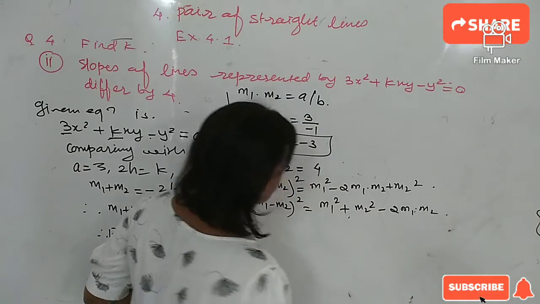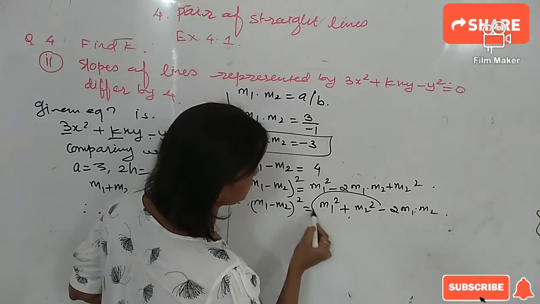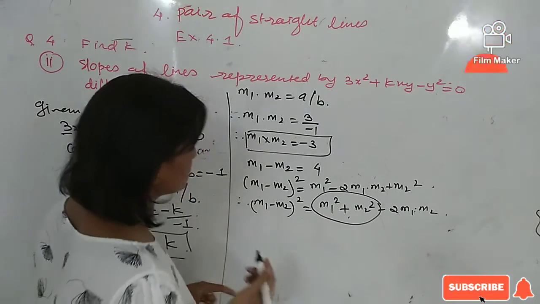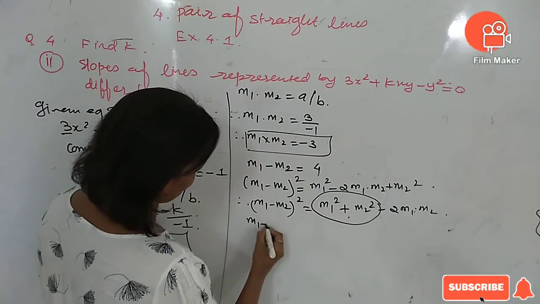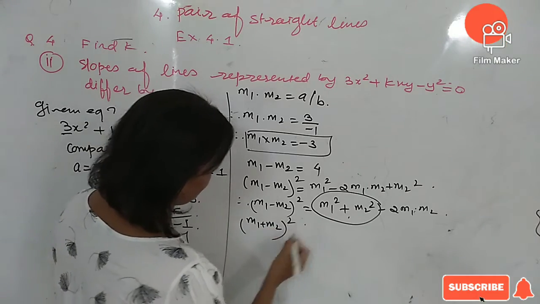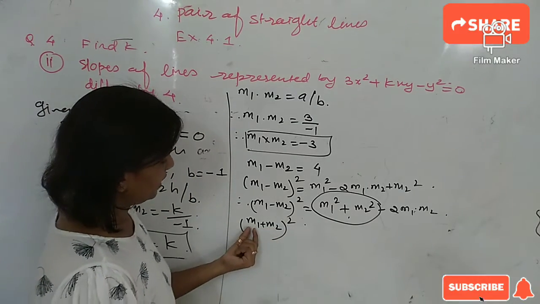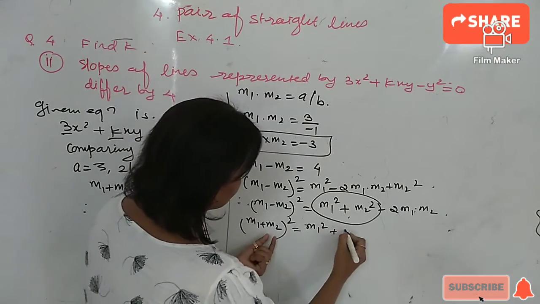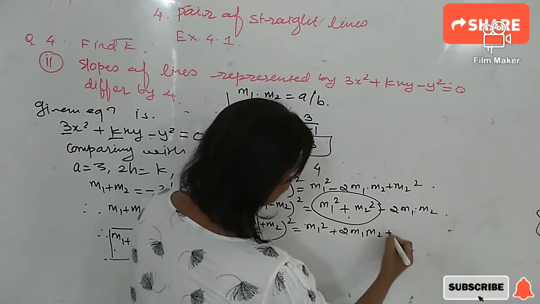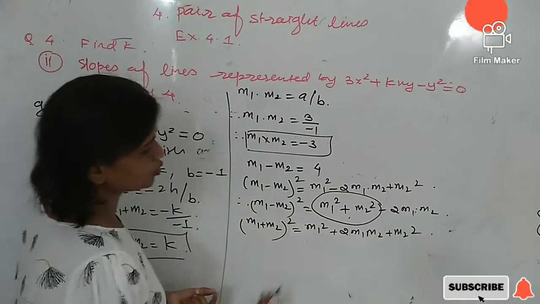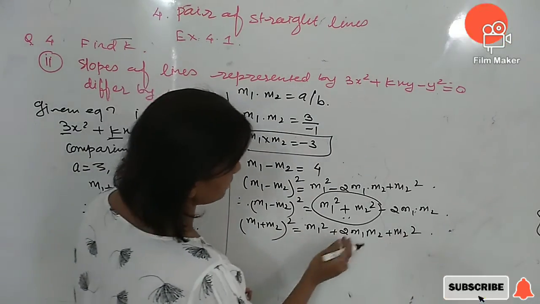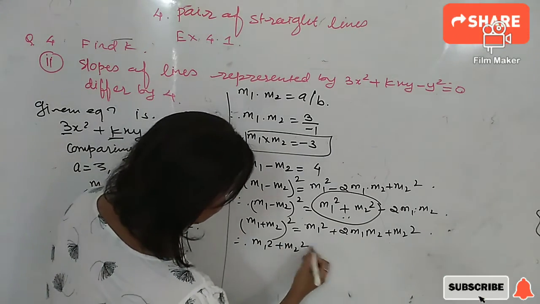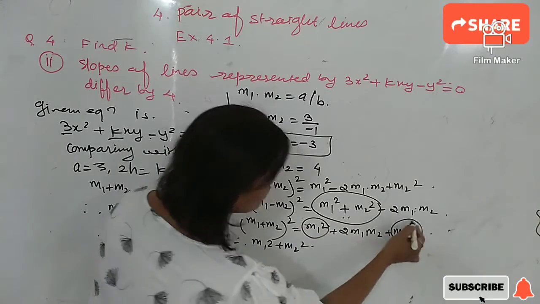Now just replace this value. I am using one more formula, m1 plus m2 whole square. If I do this expansion, what is the expansion? It is m1 square plus 2m1 m2 plus m2 square. I want the value of m1 square plus m2 square, so just calculate it from this expression.